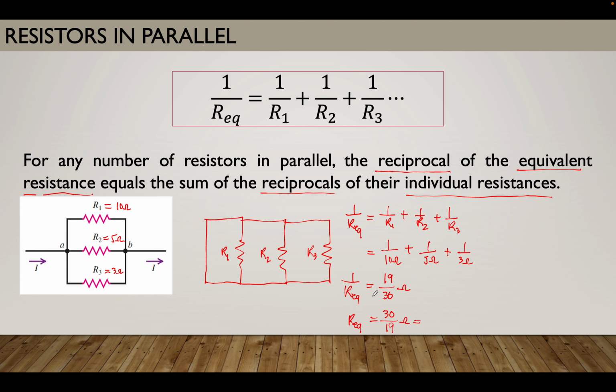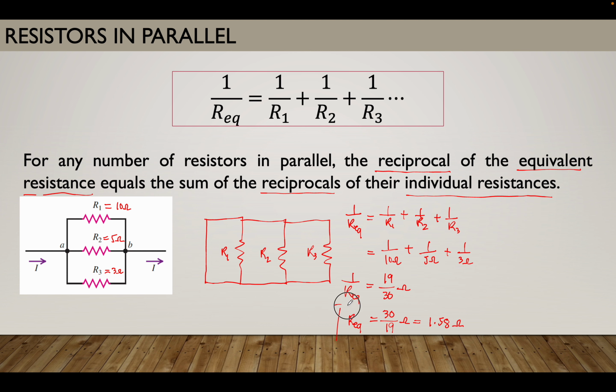So our R equivalent now is 30 over 19, which is equal to 1.57894738, or in two decimal places, 1.58 ohms.